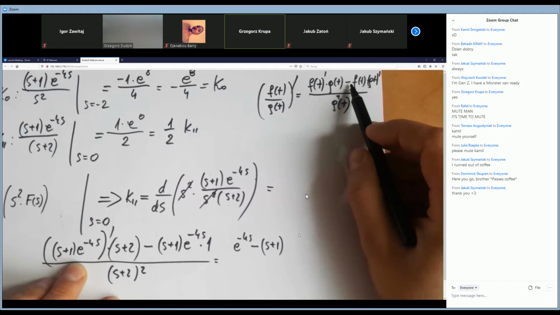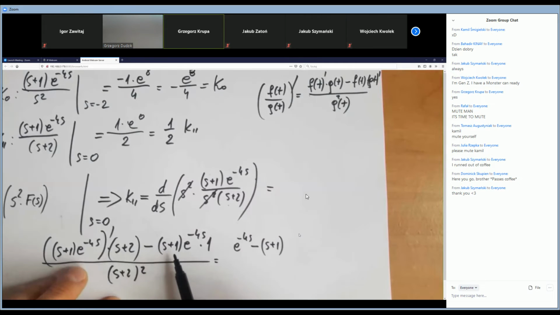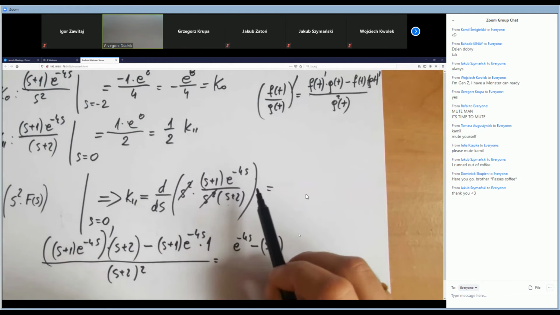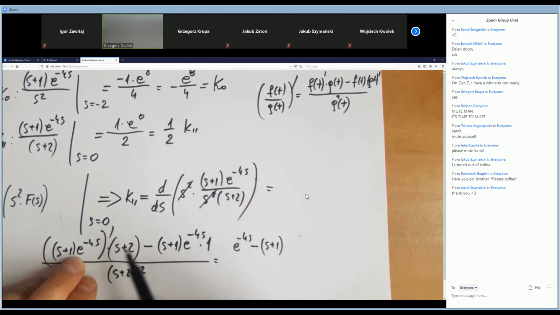No, it's minus, that's the quotient. Yes, but for the product rule inside the brackets, on the left, the s plus 1 e to minus 4s, when we are calculating it, it's a product rule, yes?